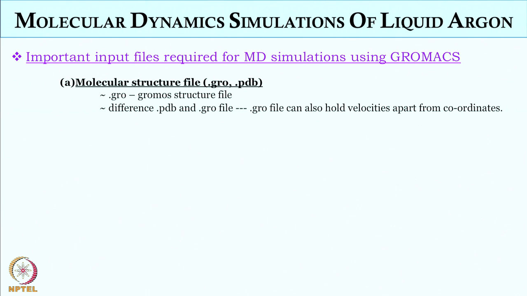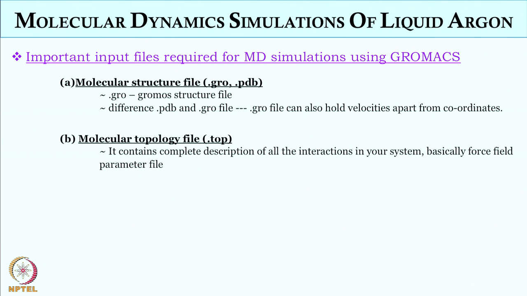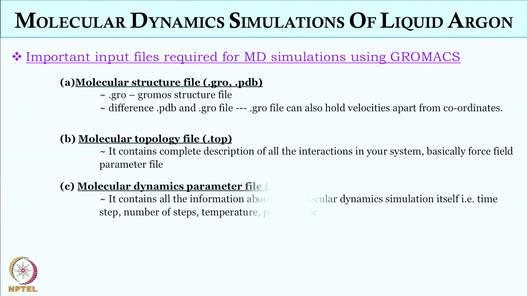The second file which is required in GROMACS for MD simulation is the topology file, which contains the complete description of all the interactions in your system. Basically, it contains the force field parameters like the Lennard-Jones potential, sigma, epsilon, charge, and all. The third file that is required is the molecular dynamics parameter file, that is the MDP file, which contains information about the molecular dynamics simulation itself.